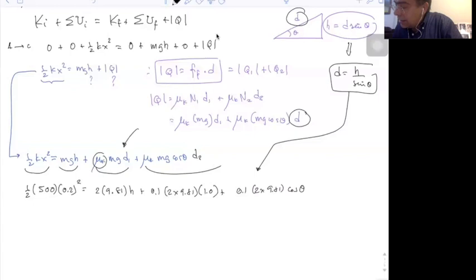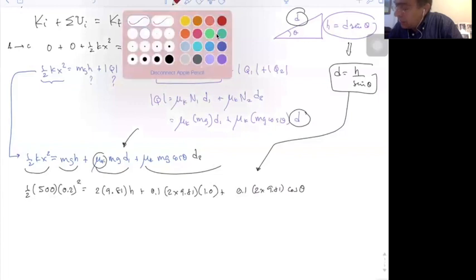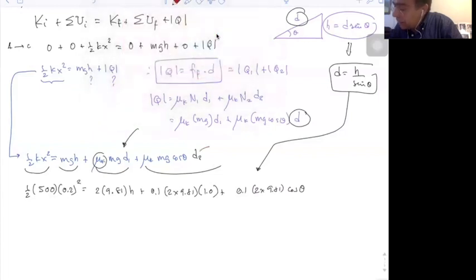And this term here, the distance, let us rewrite this one, is h divided by sine theta. I will put it right here for you guys. Since the angle is the same, we will have h divided by sine 45, and this cosine theta is again cosine of 45.